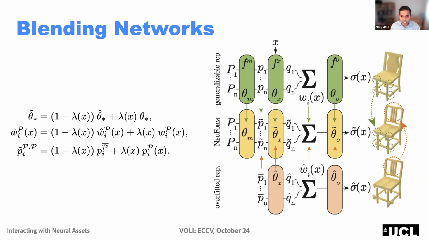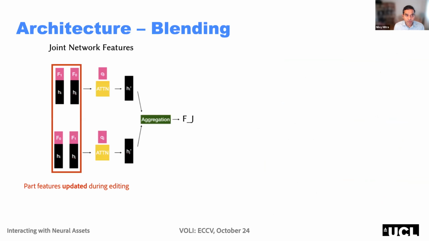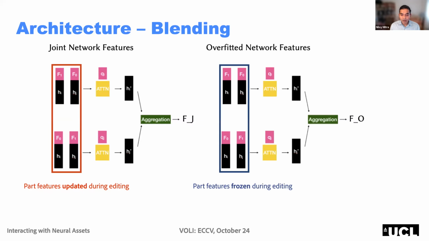And away from the junction, the overfitted model takes over. So there's a smooth transition between these. And that's all we need to do. At editing time, parts can be updated, which means the corresponding part features inside the red box are updated. The part features are frozen for the overfitted model away from the junction because we keep the identity of the individual networks.